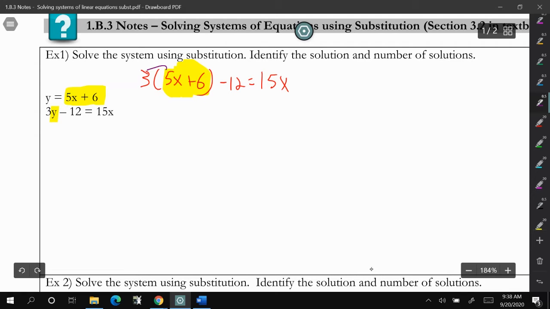And then we distribute: 15x plus 18 minus 12 equals 15x. Then we can combine like terms: 15x plus 6 equals 15x.